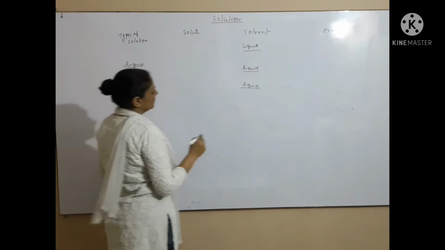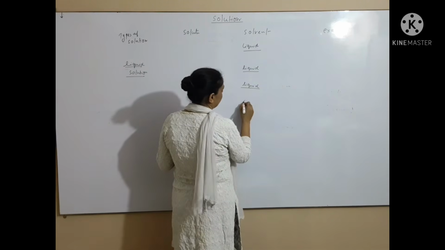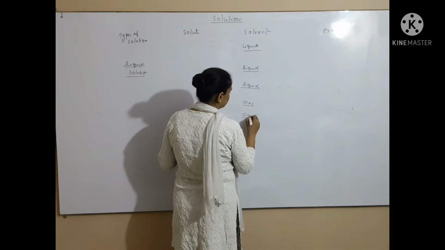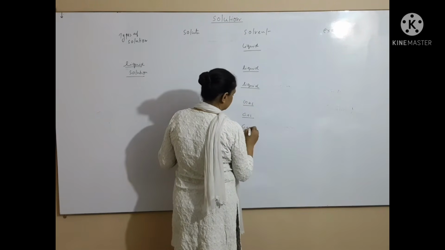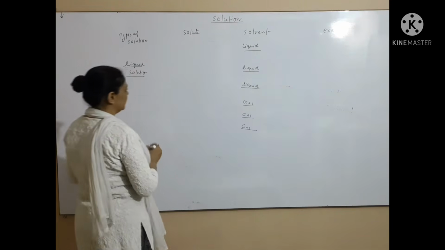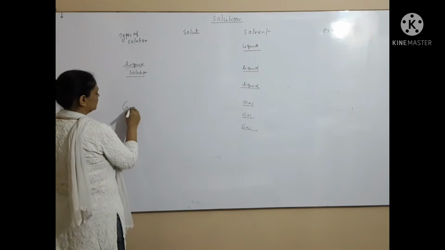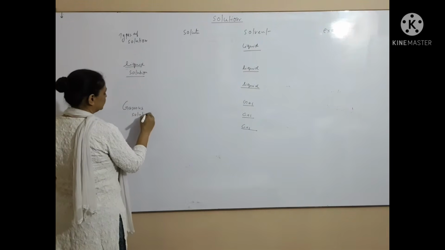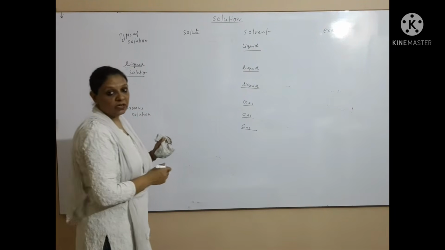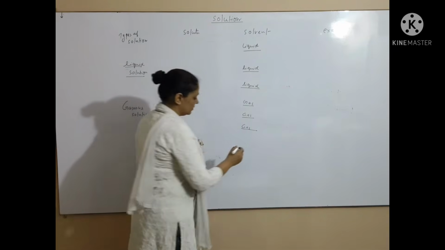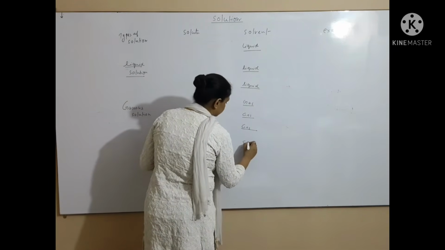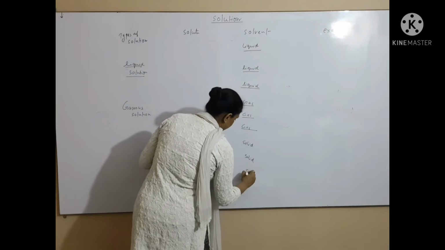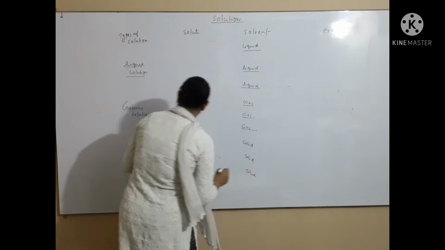If we take gas as a solvent, mind it, gas, then it is called gaseous solution. And if we take solid as the solvent, then it is called solid solution.